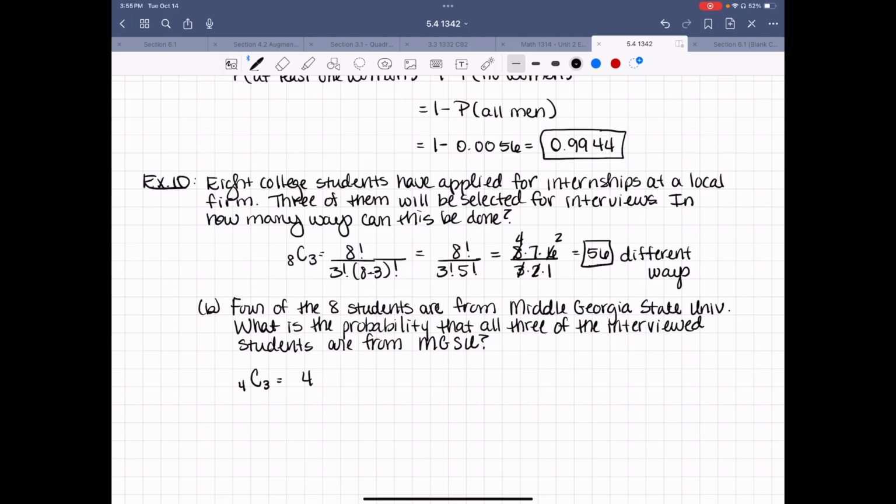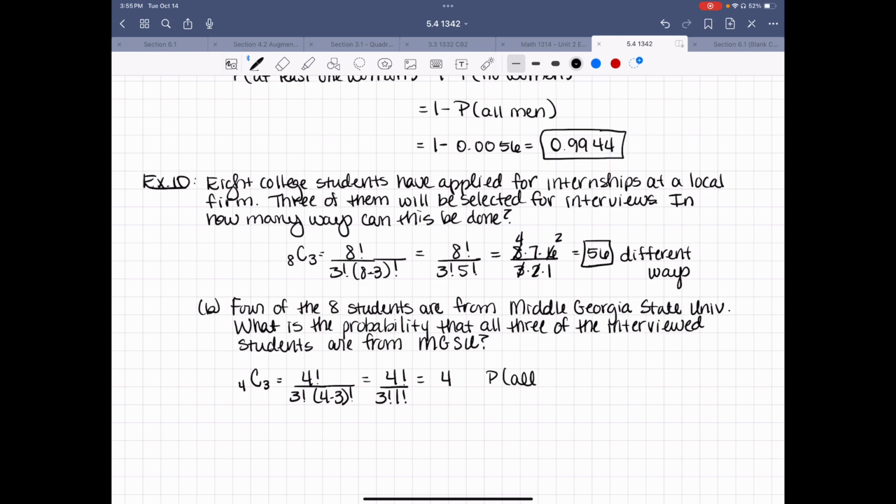So that's going to be 4 factorial over 3 factorial times 4 minus 3 factorial, which gives us 4 factorial over 3 factorial times 1 factorial. Well, that just gives me 4. So there's 4 different ways that we can pick 3 students out of 4.